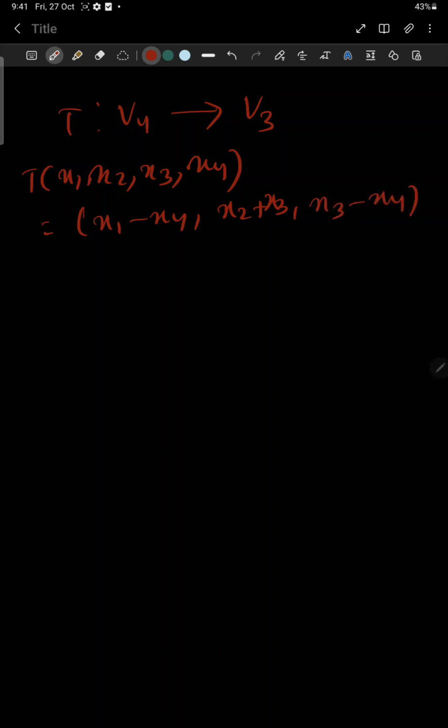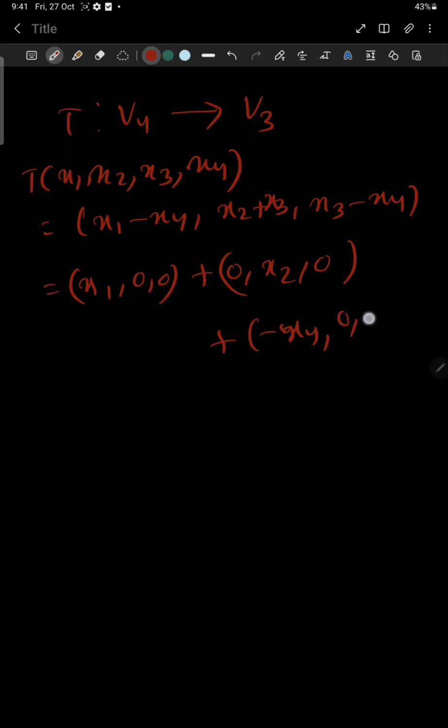It can be written as x1 0 0, plus 0 x2 0, plus minus x4, 0, minus x4, plus 0, x3.